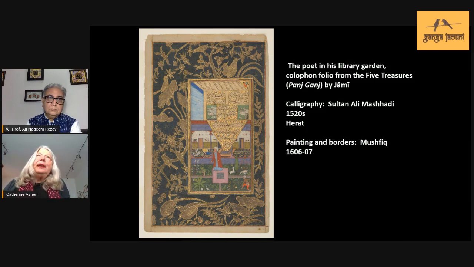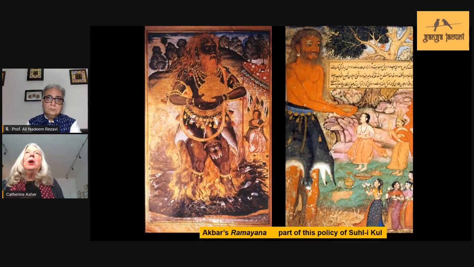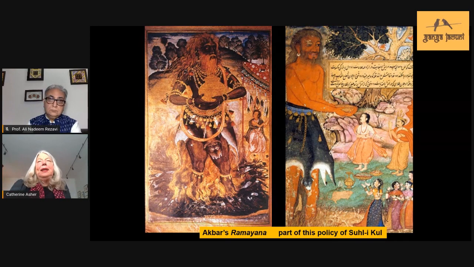So far, what we've seen is something that is basically Persianate in style. But we also know, just going back, that Akbar, in part of his policy of Sulh-i-Kul, had the Sanskrit classic texts translated into Persian and then illustrated. We know that. That's very common knowledge.